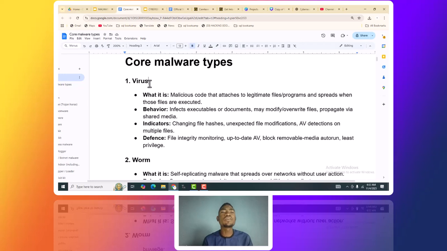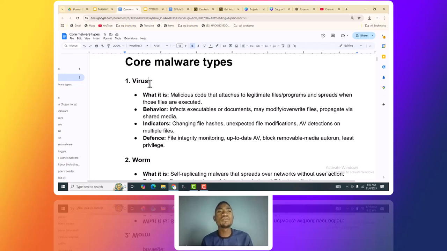For example, if a virus enters through a file and you execute that file or application, it can spread from your download folder where it landed to your document folder, to your picture folder, and it begins to infect other files and programs within that system. So that's what a virus does.